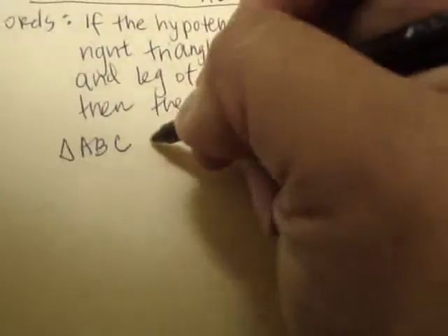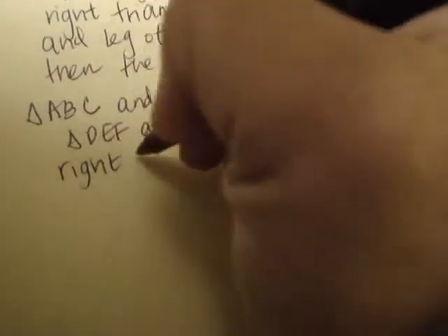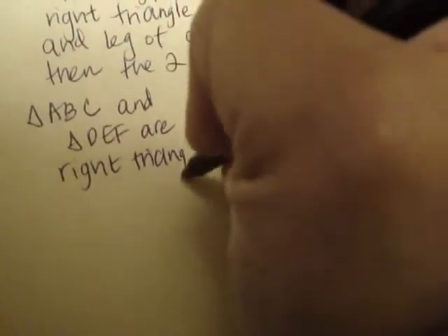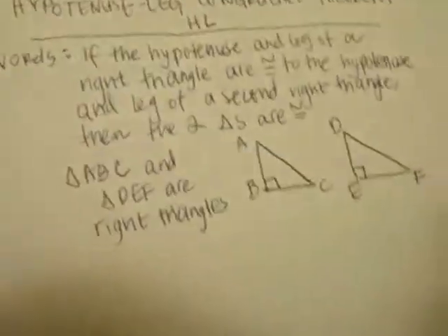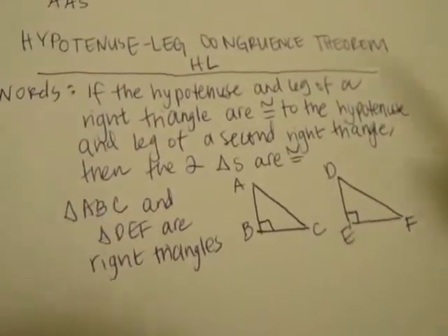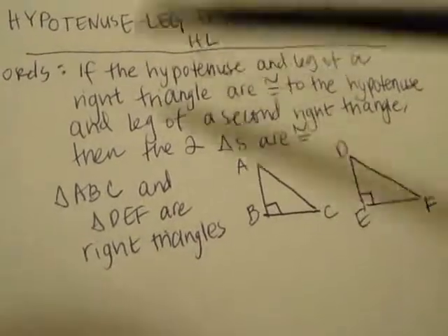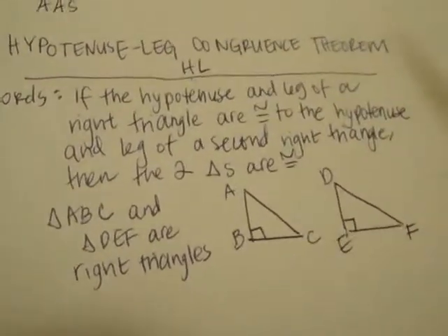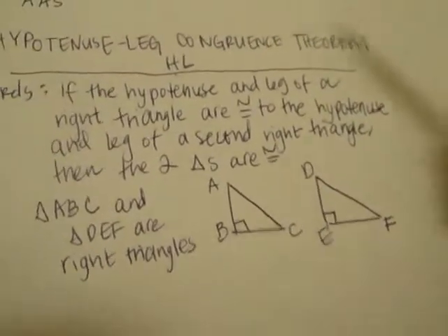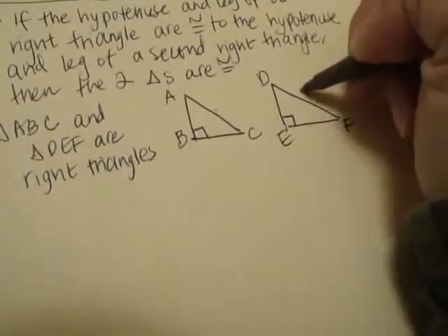Triangle ABC and triangle DEF are right triangles. And since we know that they are right triangles, we can now see if we can use the HL, or the hypotenuse leg theorem.